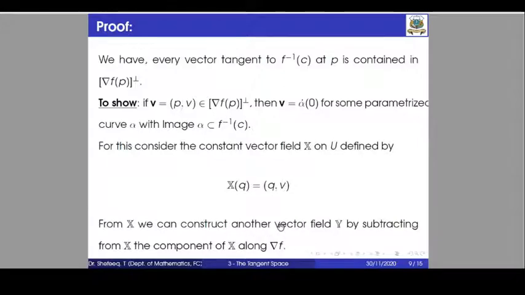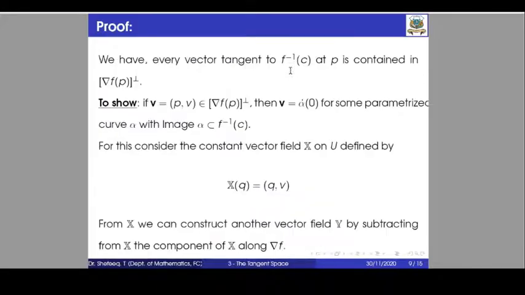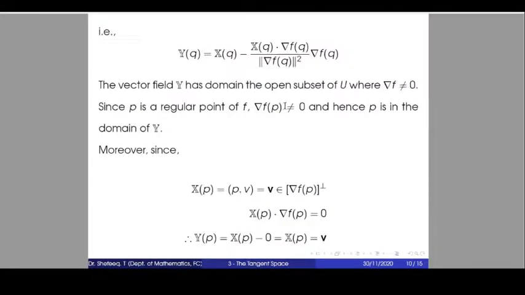Here we want to construct another vector field y by subtracting from x the component of x along del F. So the component of x along del F is equal to x of q dot del F of q divided by norm del F of q whole square, into del F of q.